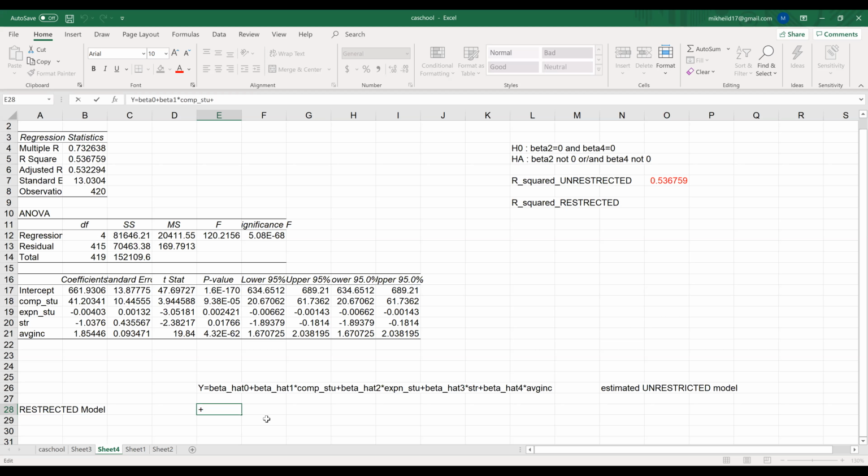Okay, so what did I do? So are you only including betas 1 and 3? Exactly, and beta 0, the intercept, because beta 2 and beta 4 are zeros. That's the H null hypothesis.